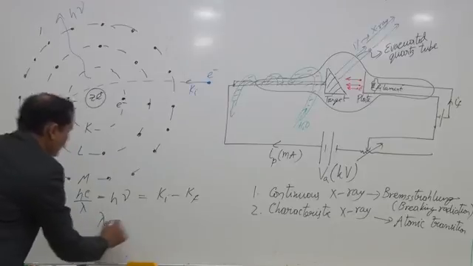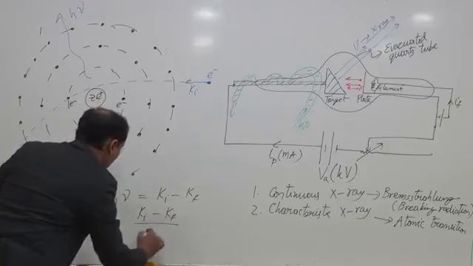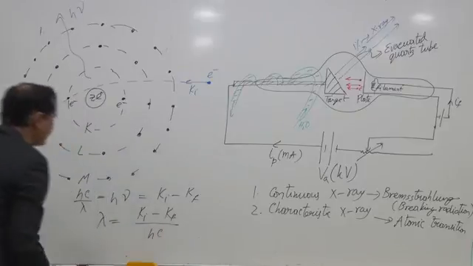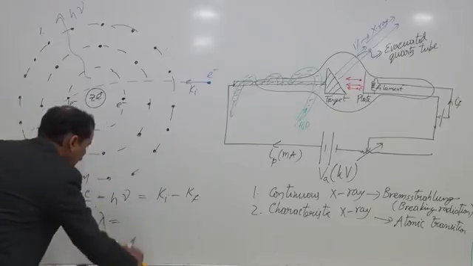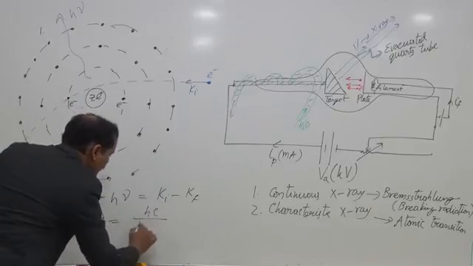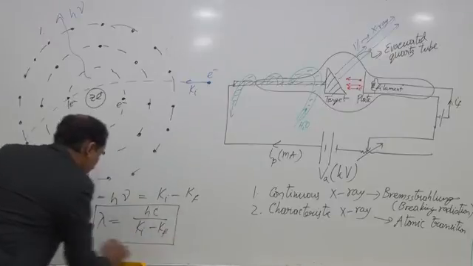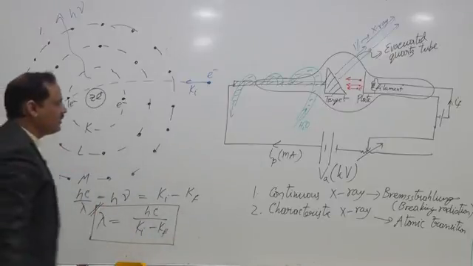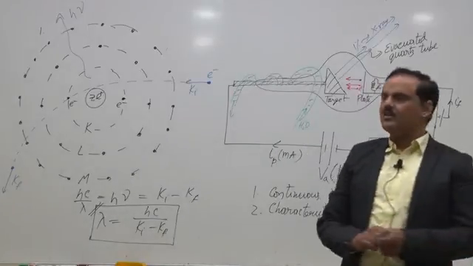Sorry, lambda is equal to hc upon Ki minus Kf. This is the wavelength of the emitted photon when the electron passes through one atom.